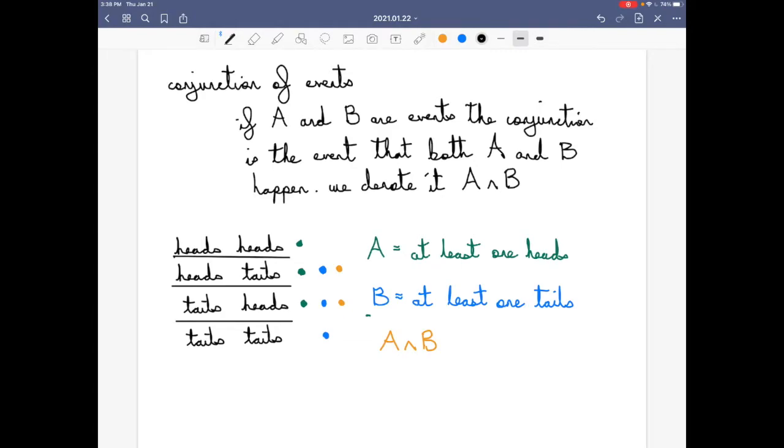You can think of A and B as conditions which may or may not be satisfied. A is an event that something happens. It's a property that could be satisfied by an outcome of an event. It's a condition that you can place on an observation. So it's like you're observing something and you have a piece of data and you're placing a condition on this data and saying, does this condition apply or not?